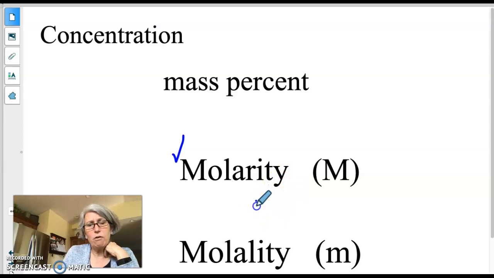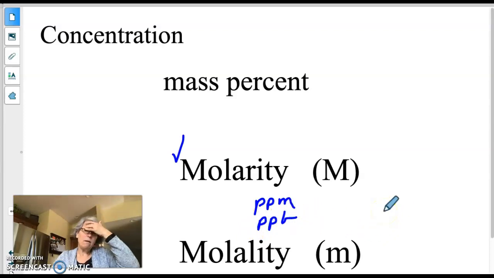You also may have heard of something called ppm, which stands for parts per million, or parts per billion, ppb. Those are also concentrations that you may encounter if you're doing any research with drinking water and you're finding out what allowable limits are for, say, how much lead you can have in the drinking water or how much copper is in drinking water.